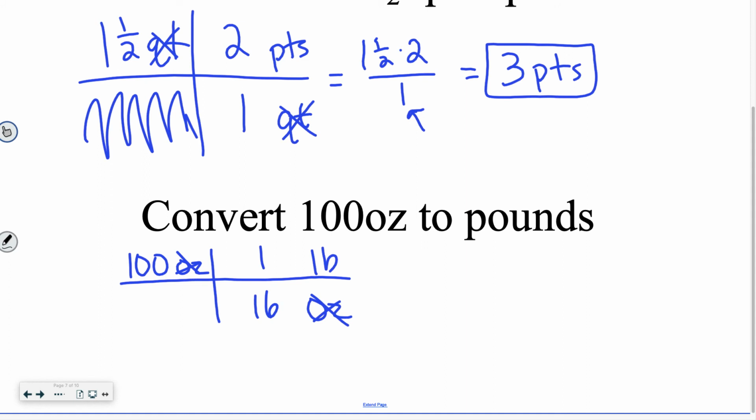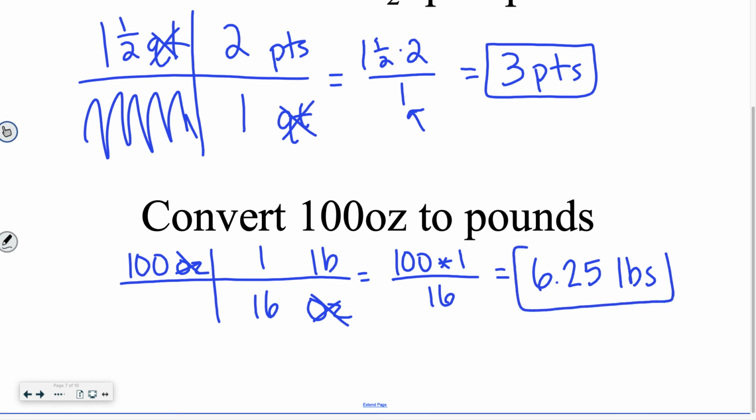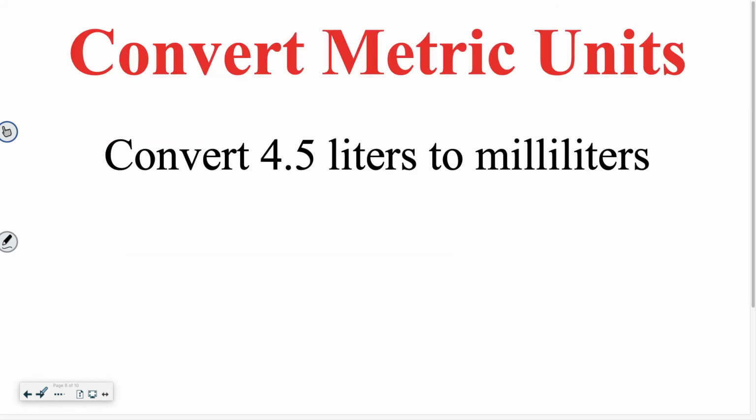So now I'm going to say 100 times 1 divided by 16. 100 times 1 is 100, divided by 16 is 6.25, and then my label is pounds. I'm done with that problem.